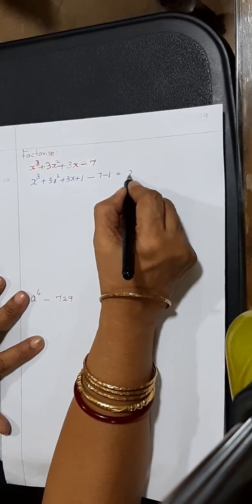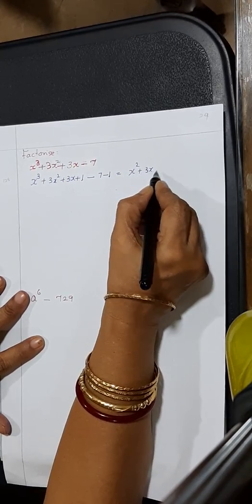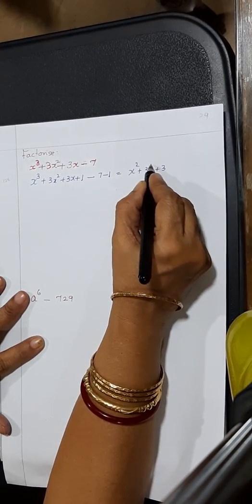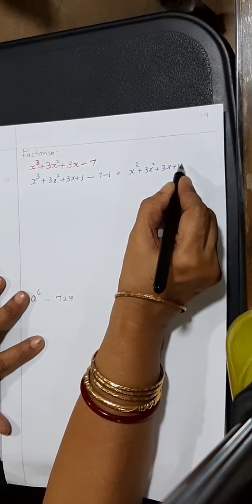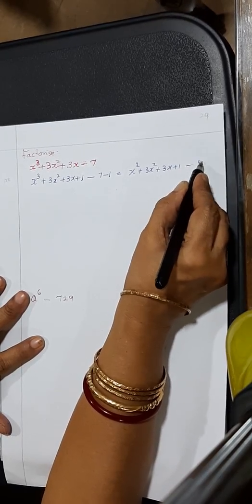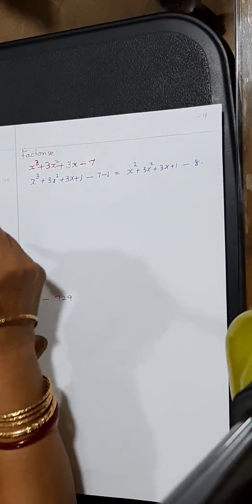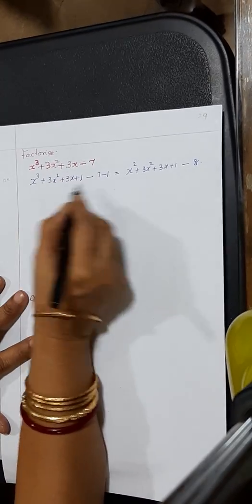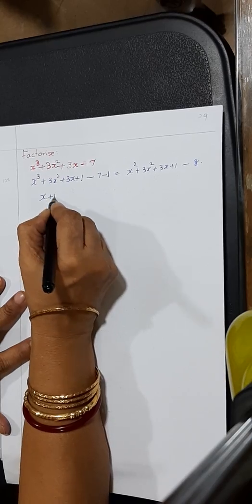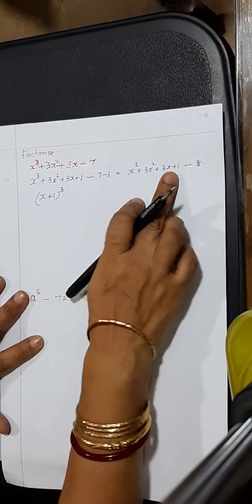So, this will become x cube plus 3x squared plus 3x plus 1 minus 8. Now, this is of the format x plus 1 the whole cube.